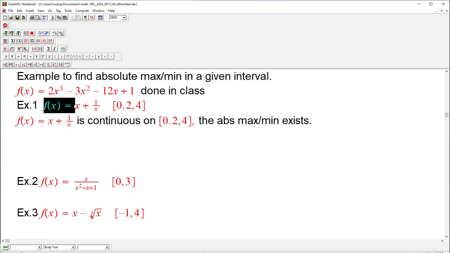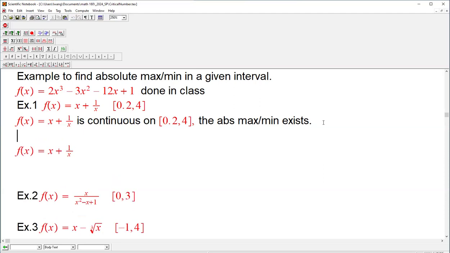The first step is to find the critical numbers. To find critical numbers, we take the derivative of the function. The derivative of x is 1. The derivative of 1 over x is negative 1 over x squared.